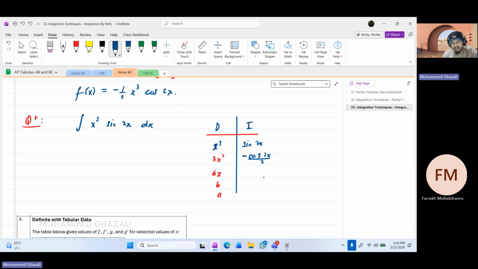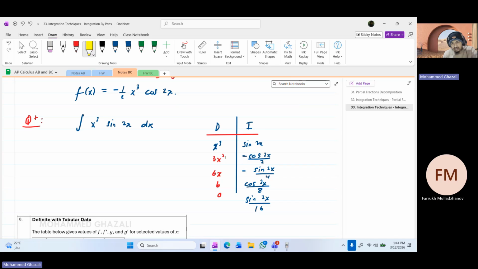If you integrate that, you get negative sine 2x over 4. What is the integral of cos? Sine, derivative of sine is cos, yes. Integral of negative sine is cos 2x over 8. And then the last one, integral of cos, derivative of is sine 2x over 16.